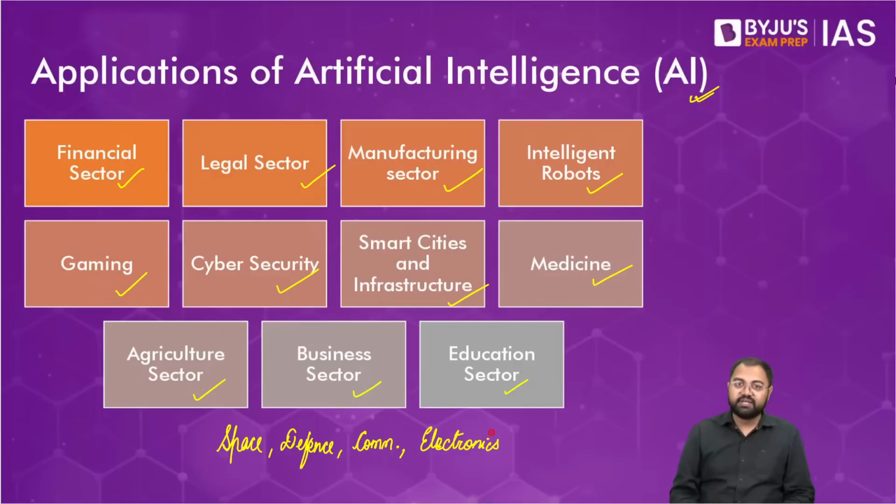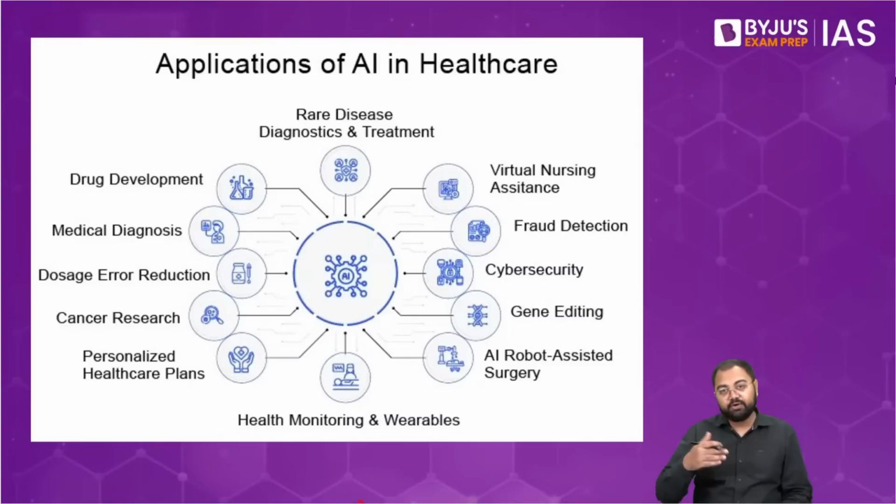In one way or the other, artificial intelligence will find a way to get used there as well. So there is no sector which is untouched, and in one way or the other, whether directly or indirectly, they would have some impact on every sector. Now, applications wise, there are two major parts where we need to understand the applications.